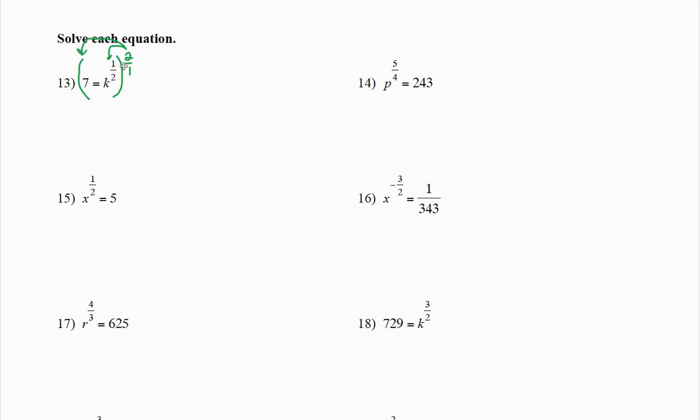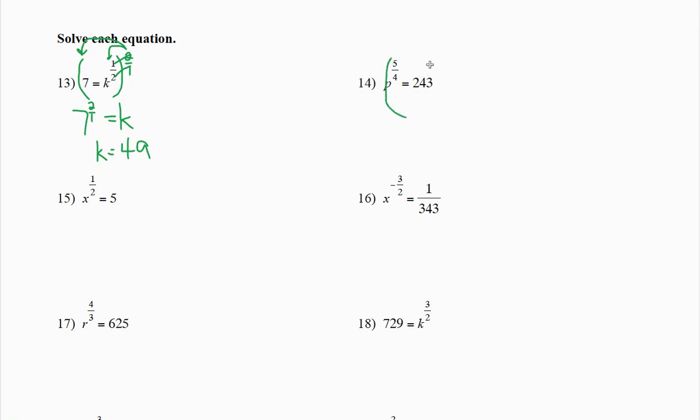Now, what happens is that when I do it times this, these two all cancel out. So I'm left with k on one side, and then I'm left with 7 to the 2 over 1. Well, 7 squared is 49, so k is equal to 49.